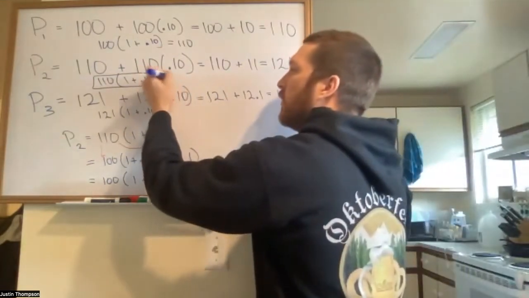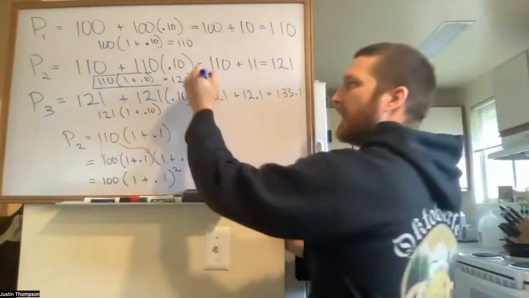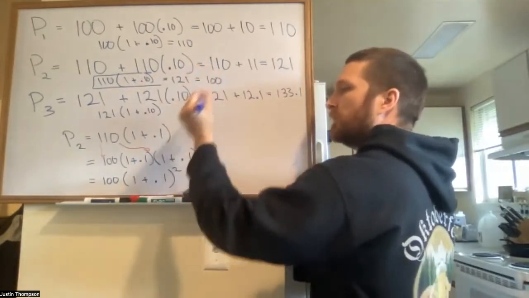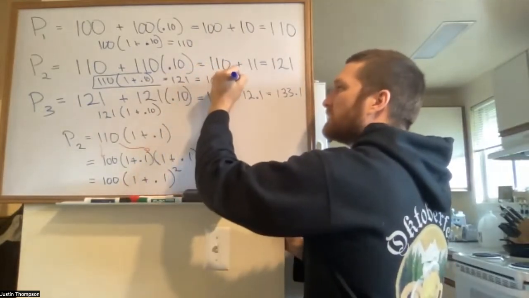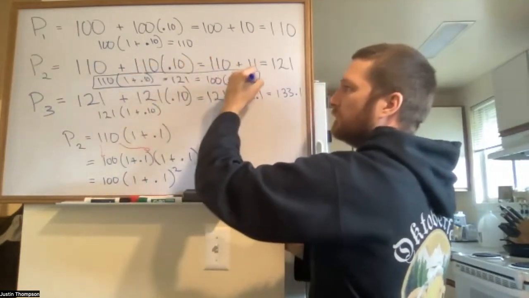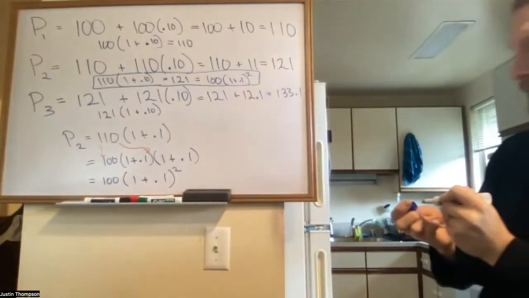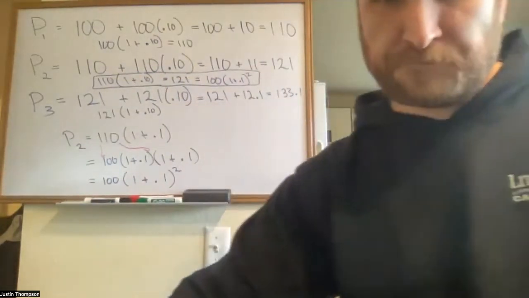This is 121, but we found that it's the same thing as 100 times 1 plus 0.1 quantity squared. Let's check that.